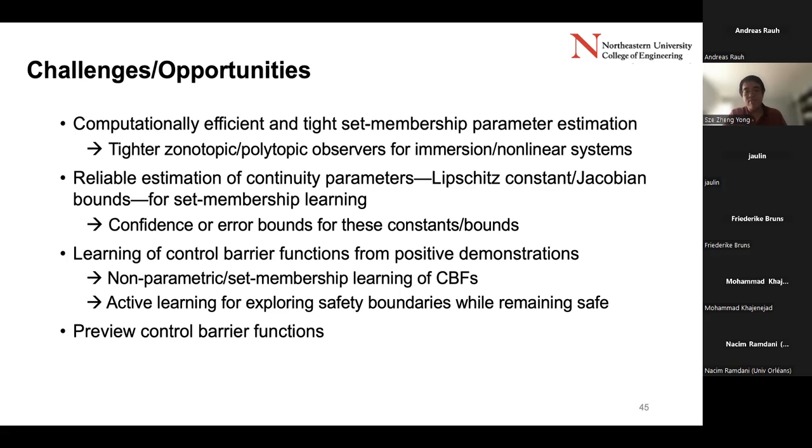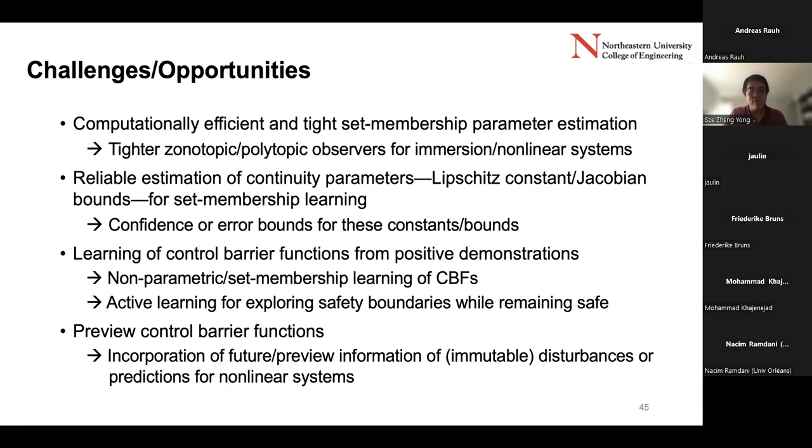One final thing that we have been doing in my group is this: if we are given the system to some extent, can we directly derive the function itself and incorporate what we call future information to make sure that it's less conservative? Future information here basically means that if I'm driving on the road, I have camera systems, so I can see a certain distance ahead of me and know what the road disturbances would be.